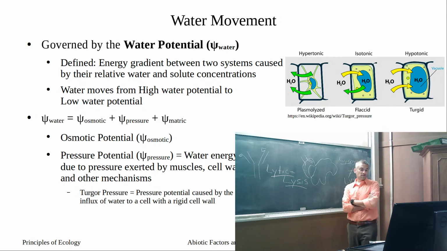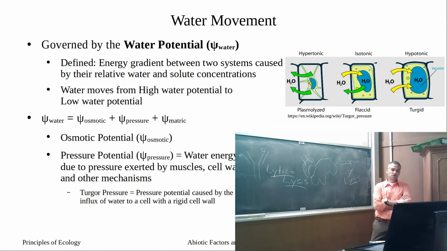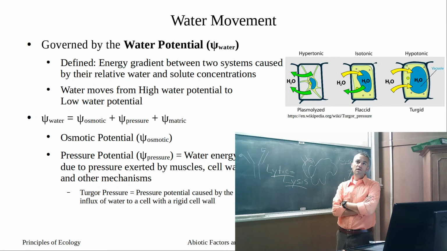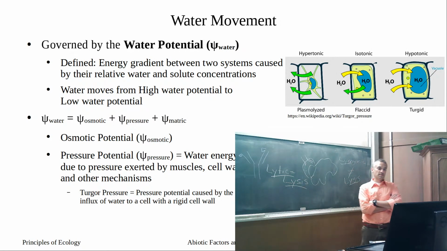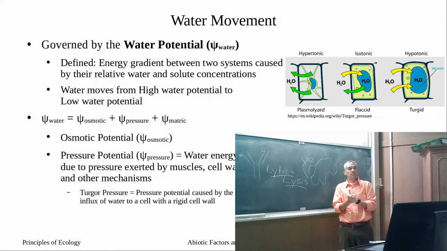In plant cells, we refer to this pressure as turgor pressure. All right, so plant cells have cell walls. They're going to be somewhat rigid. And that force of the cell walls on the interior of the cell is going to increase the pressure.